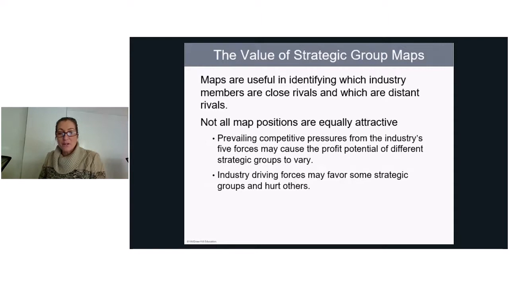Competitive pressures from the industry's 5 forces might cause potential profit or strategic groupings to vary, and it may not be useful. To me, the industry definition has a lot to do with whether or not it's useful, and same with the evaluative criteria.